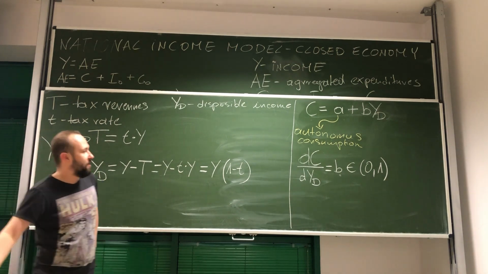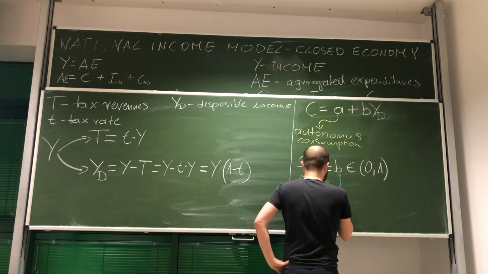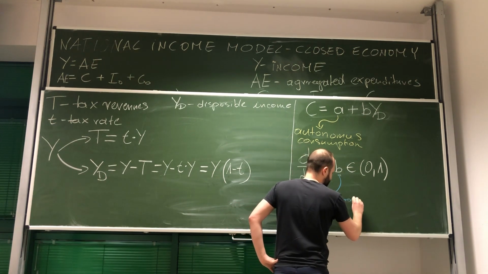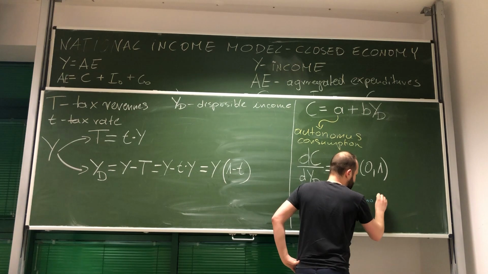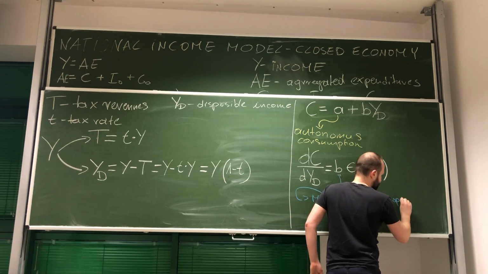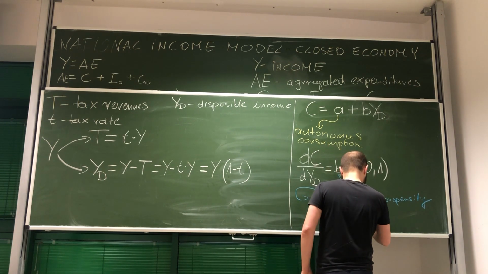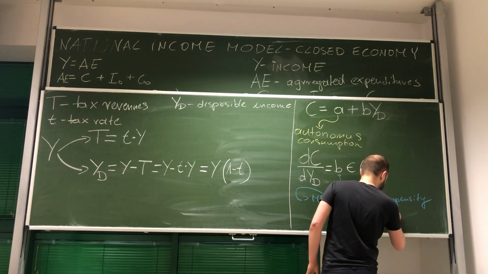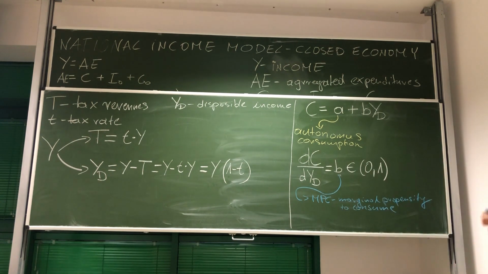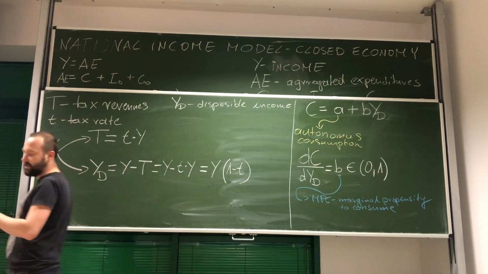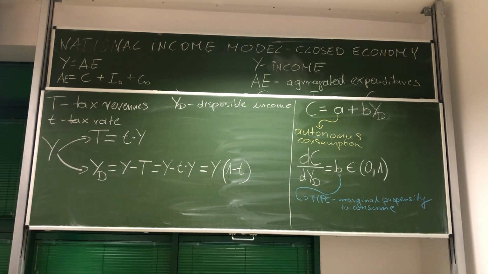This is why B is called MPC, marginal propensity to consume. It just tells us how much out of one additional dollar households are going to spend on consumption.